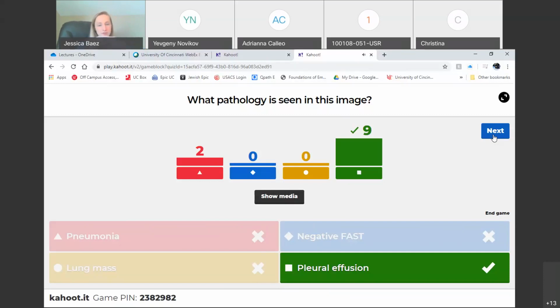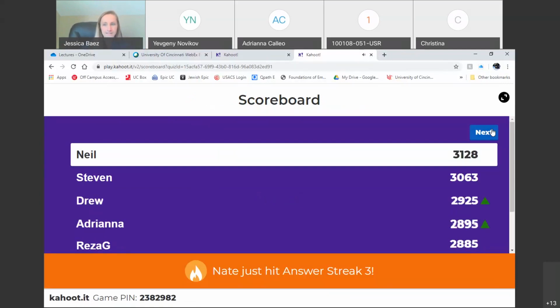So while you couldn't totally tell that there was an effusion there, there was a spine sign, which means that there is an effusion. A little bit confusing because it could have just been a consolidated lung. However, you could tell that there was diaphragm and spine extending above it. So that's why it wasn't a pneumonia. Nice work. Neil is crushing it. All right.